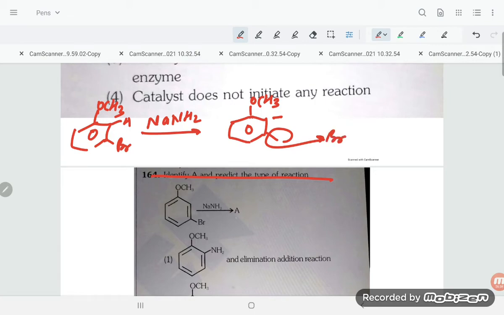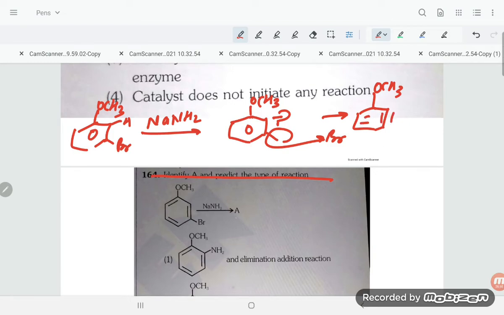Br is getting out, and the bond shifts, so an alkyne is formed. This is OCH3, and here is the triple bond.